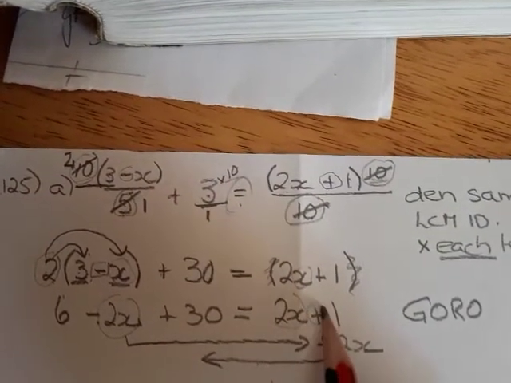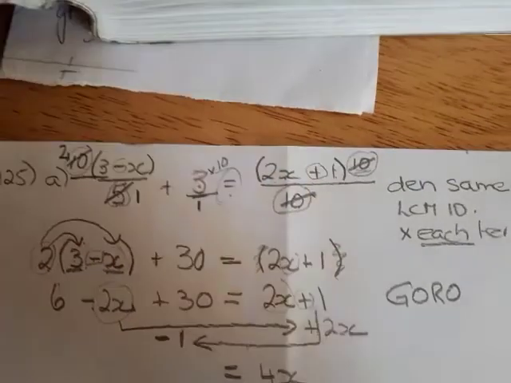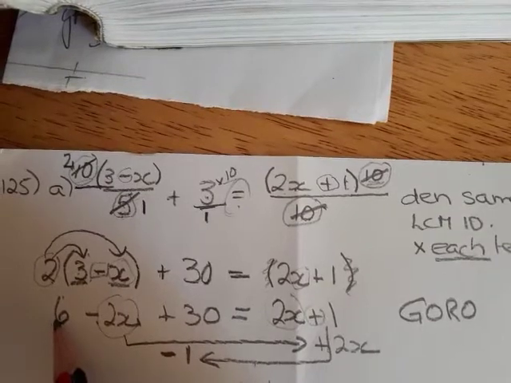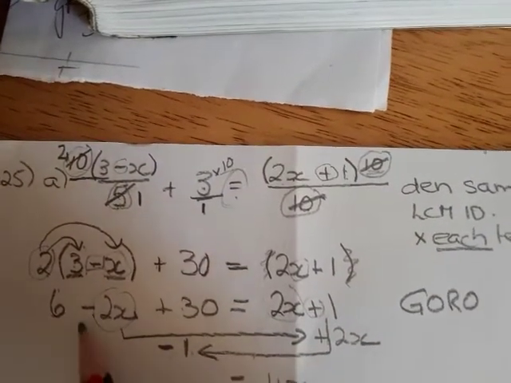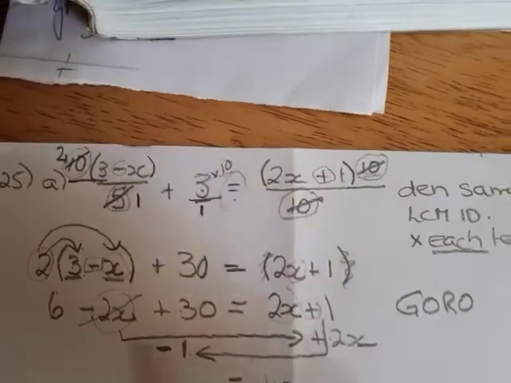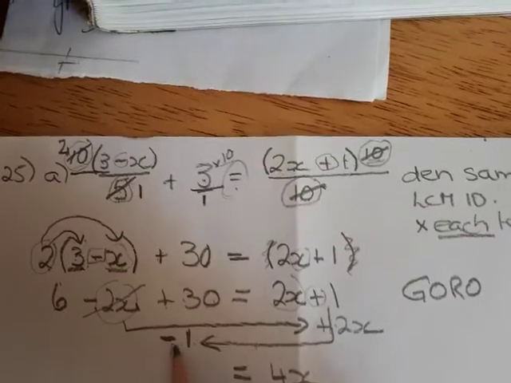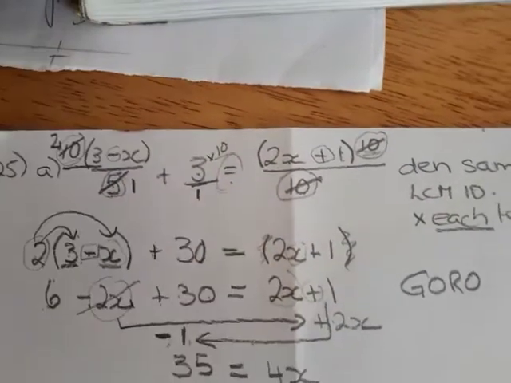So it is plus, so it becomes minus 1. If you look what we have left over on the left-hand side, then it is the 6 and the 30 and then the minus 1. This 2x is gone. Okay, so it is 6 plus 30 minus 1, which gives me 35.